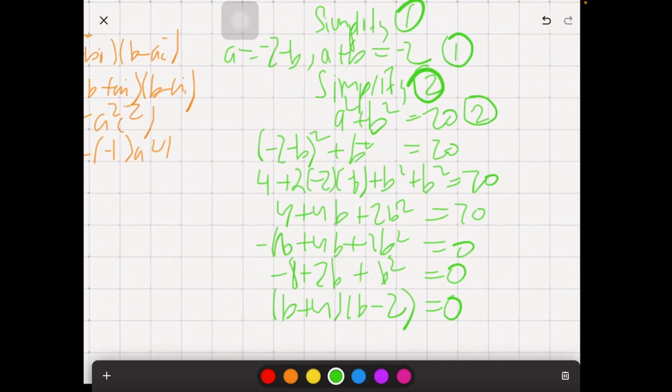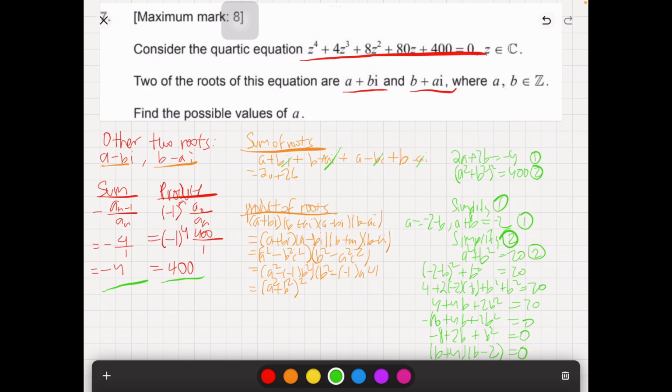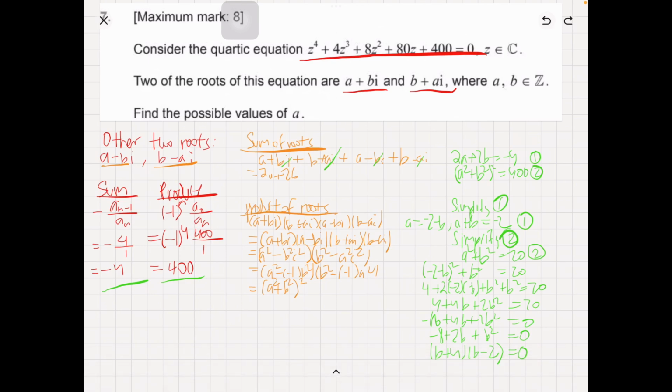Oh, and actually I just realized something easier that we could have done. So basically we could have substituted in the value of b in terms of a, and then you would get to the same equation.